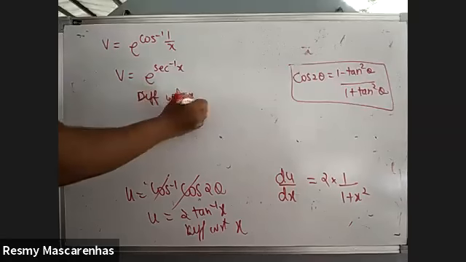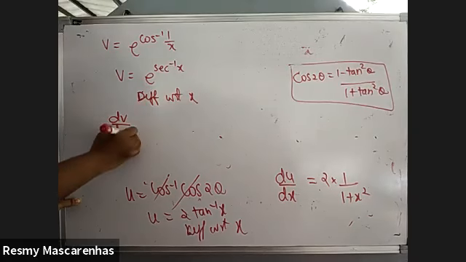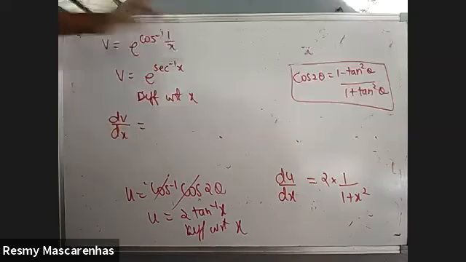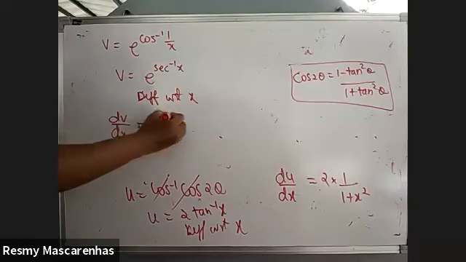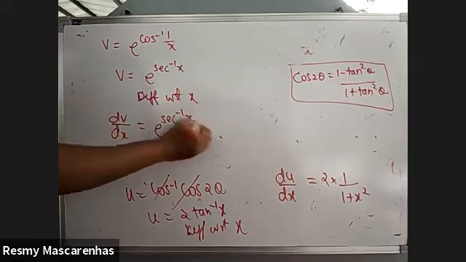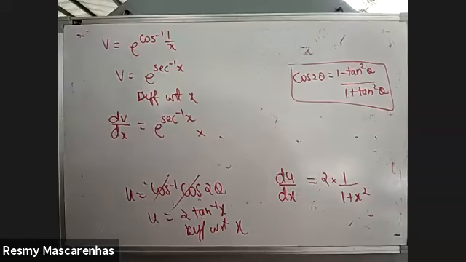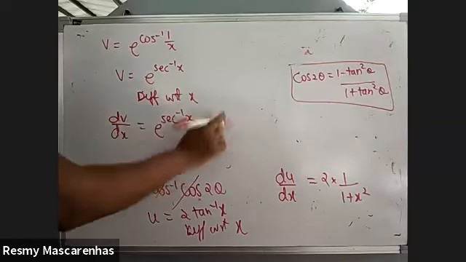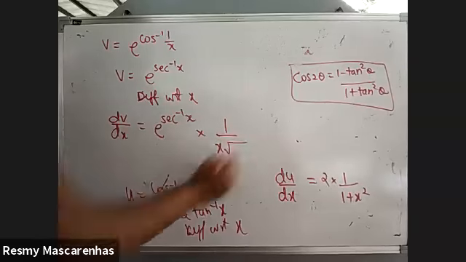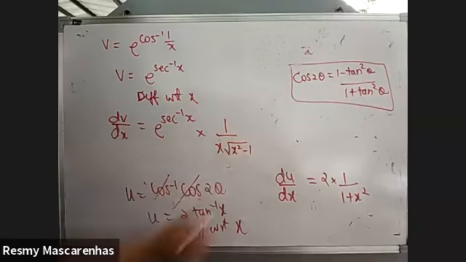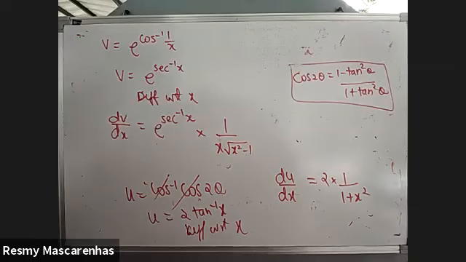So now differentiating with respect to x. So dv upon dx will be e raised to anything will be the same thing. E raised to sec inverse x will be e raised to sec inverse x into extra derivative of sec inverse of x. So derivative of this will be 1 upon x root of x square minus 1. Is there a minus sign for that here? Just check.